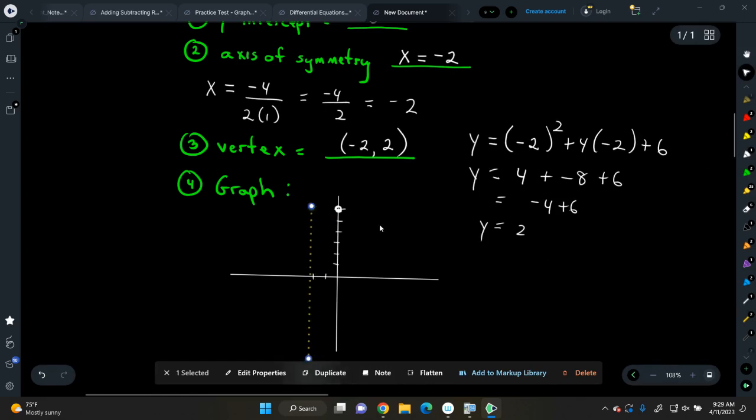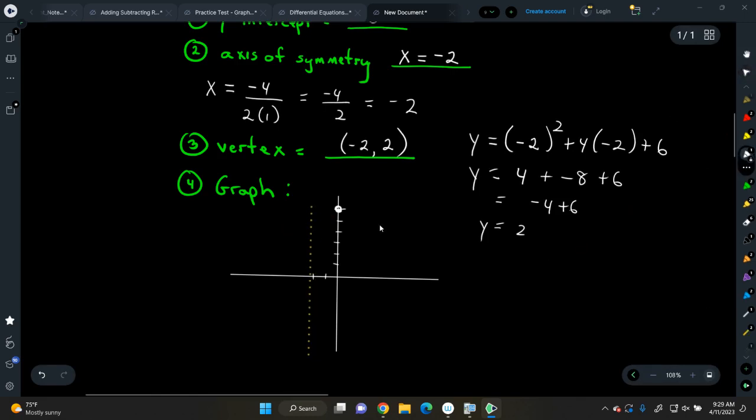Okay. And let's see, my vertex is -2, 2. And then we have to fold it on that line to get its mirror image. So there's my third point. And here is my parabola. Okay.